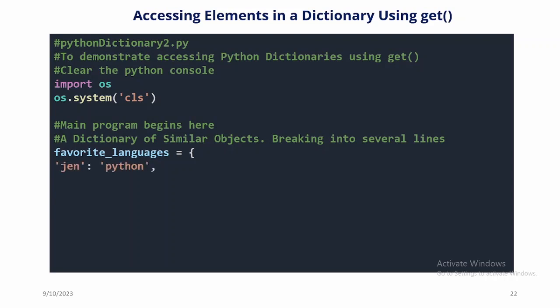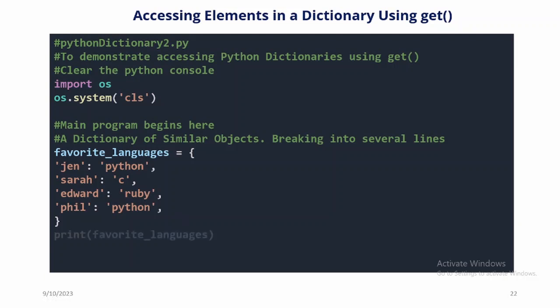Jen, her favorite language is Python. Sarah, C, Edward, Ruby, Phil, Python, and we'll close it. Now all of these things could have been written in a straight line, doesn't make any difference, but if you write it like this vertically, it makes it easy to understand when somebody is reading your program and when you are reading it in future.